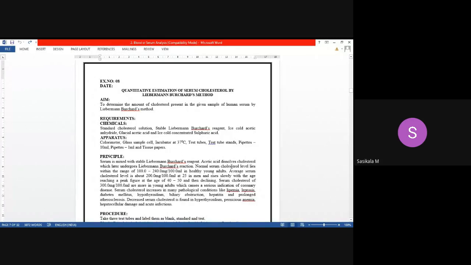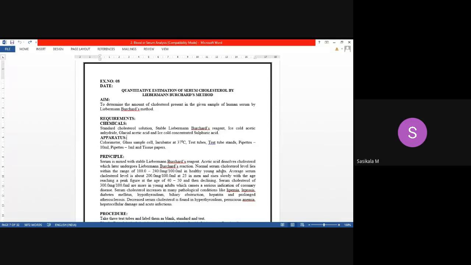Normal serum cholesterol level lies within the range of 100 to 240 milligram per 100 ml, or 100 to 240 milligram per deciliter. Here 100 ml represents milliliter, and dl represents deciliter. This is the normal range of cholesterol in healthy adults, and we have already discussed the normal range for women, men, everybody in the theory, in the topic of lipid metabolism.